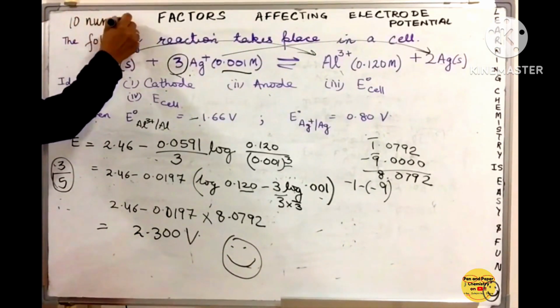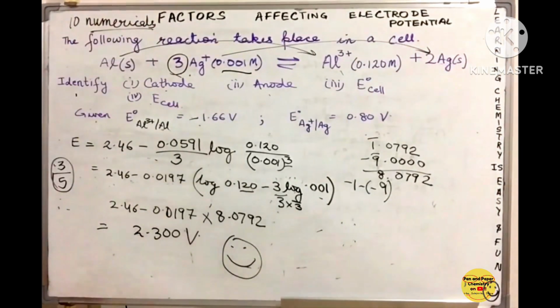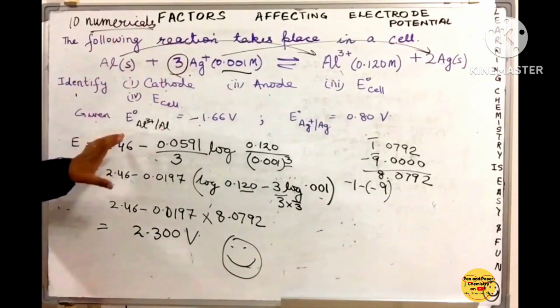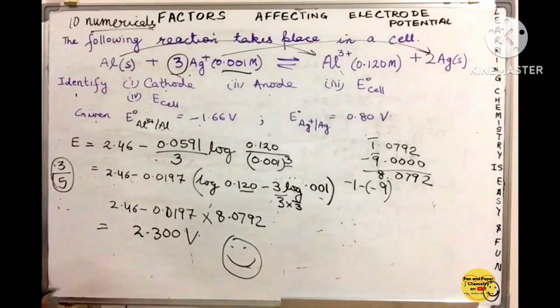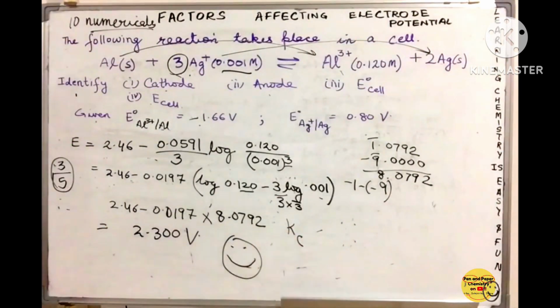Let me see if you are able to do 10 numericals on this concept before I post the next video. 10 numericals based on the Nernst equation, EMF of the cell reaction, and maybe some numericals where you have to calculate the equilibrium constant. So go ahead and give it a try. If you are not sure, you are most welcome to clear your doubts through the comment section.